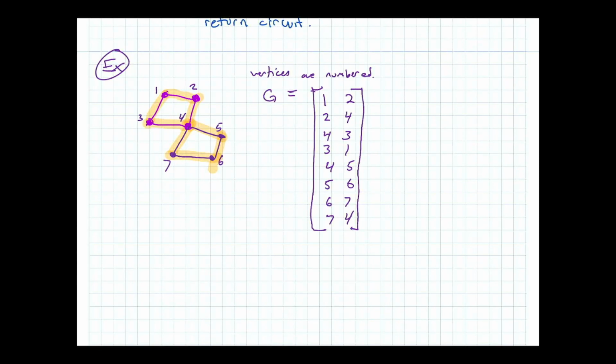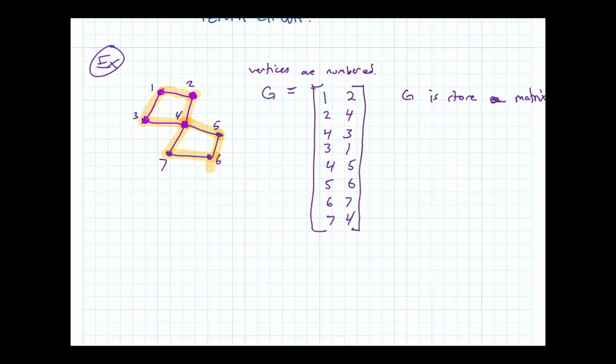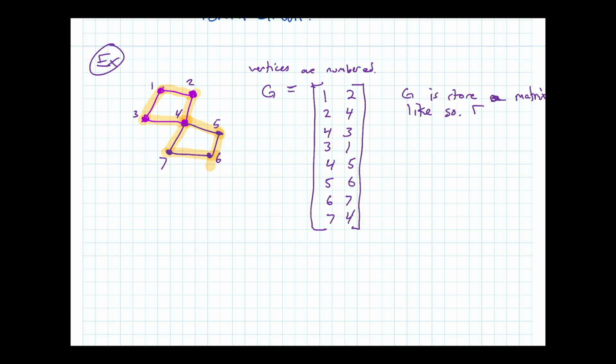So edges, G is stored as a matrix, like the one we just drew. Each row is an edge.